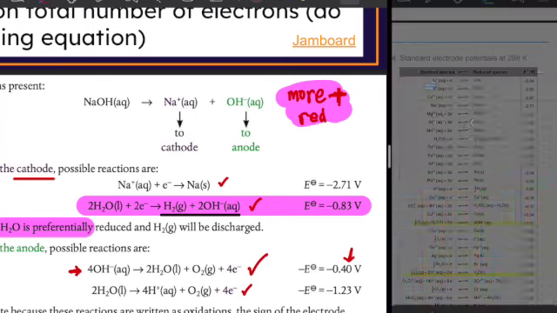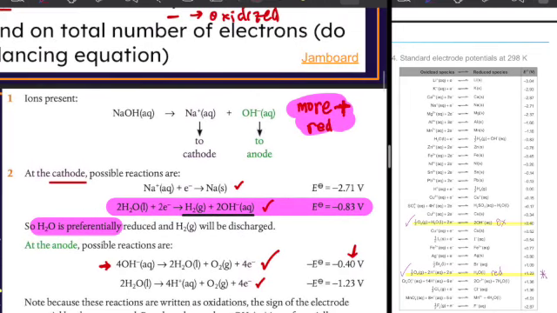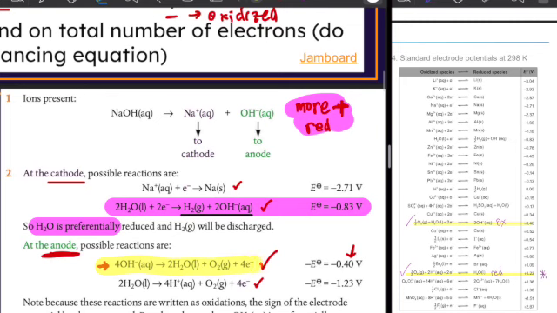And I'm sorry if I misspoke in class and caused any confusion, we don't change any signs yet. All I'm trying to figure out is who's going to get reduced and who's going to get oxidized. So if I'm competing between OH minus and water, water is more likely to get reduced. OH minus is more likely to get oxidized. I'm at the anode, so I'm looking for whoever is more likely to get oxidized, and that's actually OH minus.